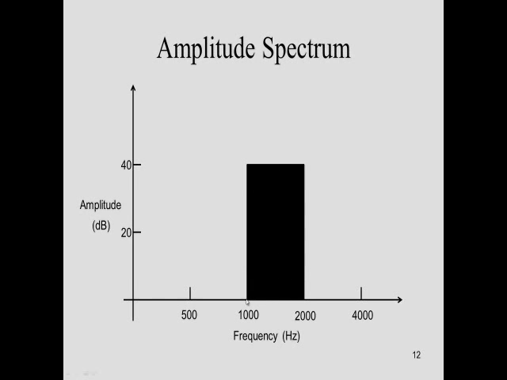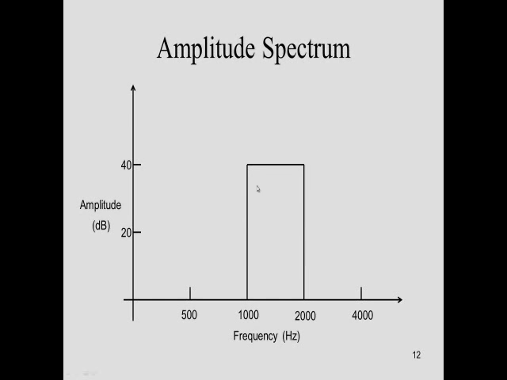Now we know what the lowest frequency that's passing is, and we know what the highest frequency that's passing is, and we understand from this diagram, because this line is across the top, that there was energy at every one of these frequencies in between 1000 and 2000.